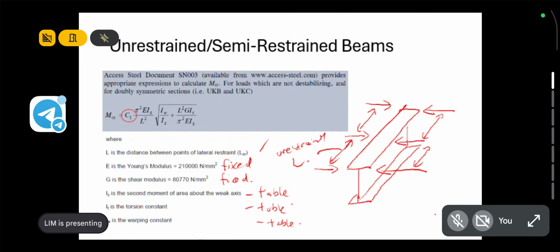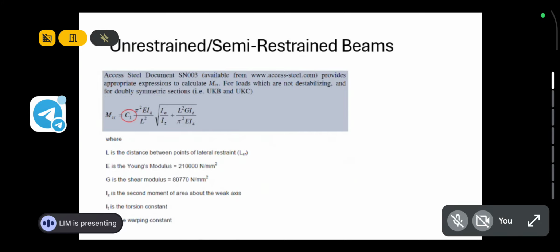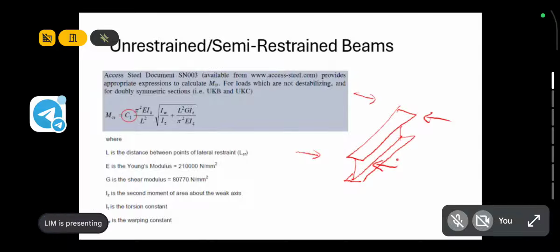Now, if your beam is like that, you don't have any restraint at all. Maybe some restraint at the end, but no restraint in the middle. Now your L is this one, the full length of the beam.